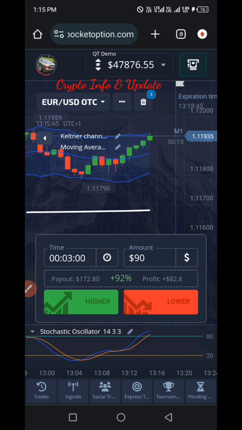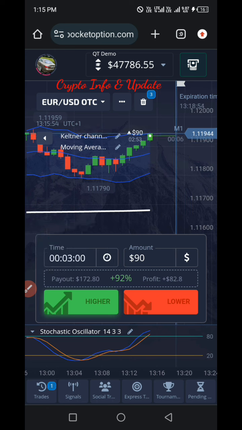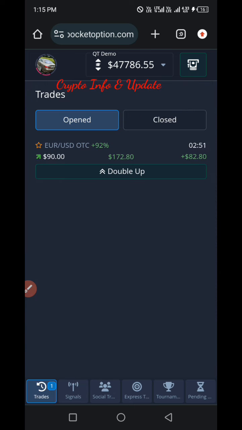I will just take a random trade. I want to use this trade to illustrate my last point. Let me see if it's a winning trade, though. I wish it's a losing trade so that I will explain better. It's a winning trade. Let me take a losing trade.